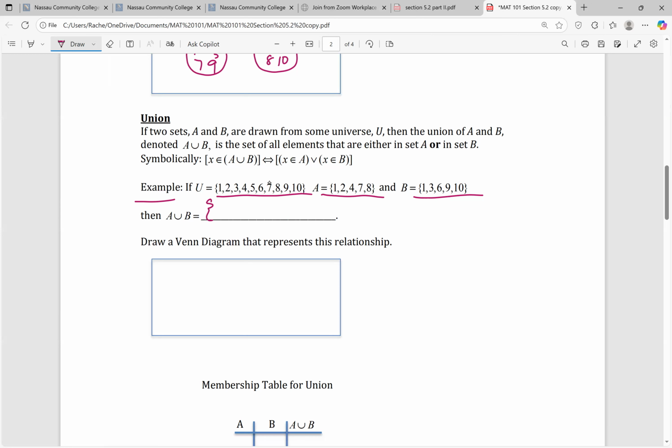B has 6. A has 7 and 8, and B has 9 and 10. So notice all I did was join the two sets together. That's the union of two sets.